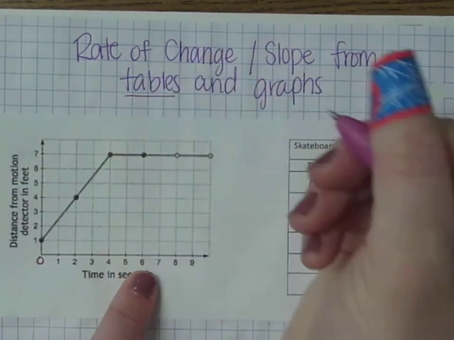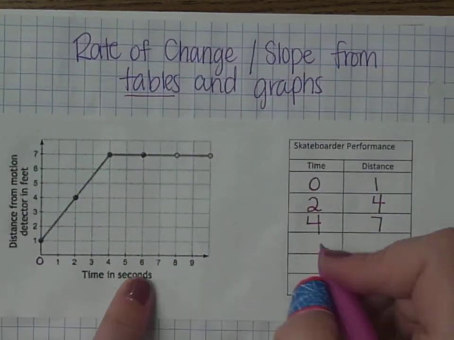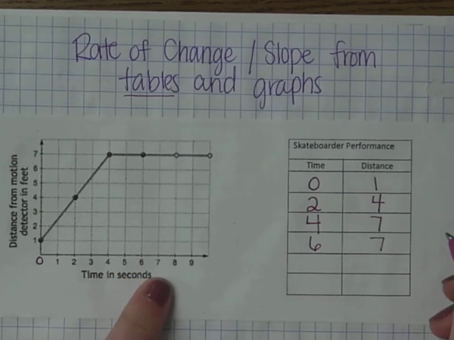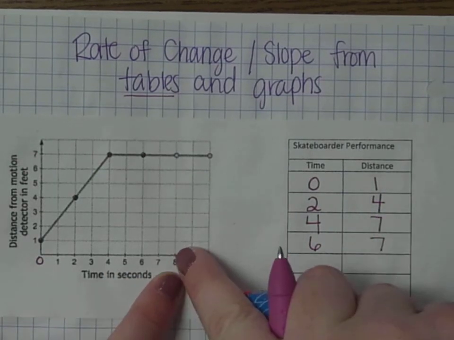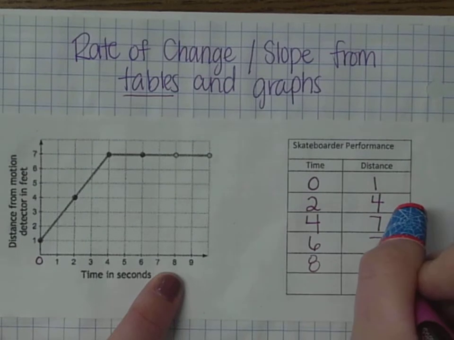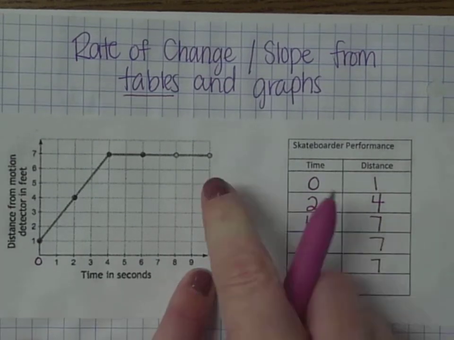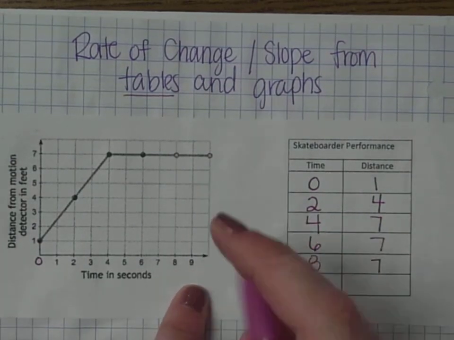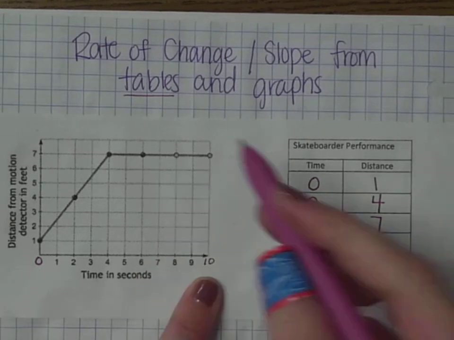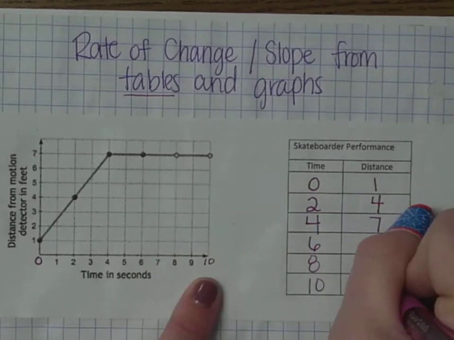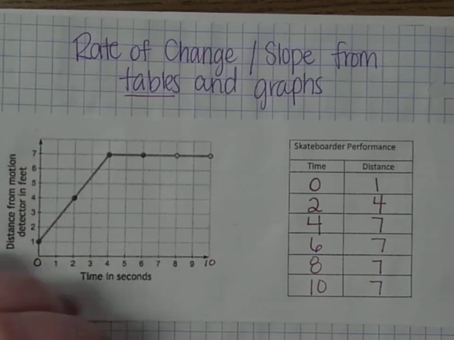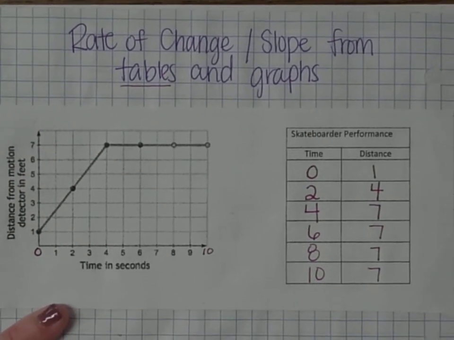The next point is at 6 seconds, and at 7 feet again. This one is at 8 seconds and 7 feet again. And then the last one, notice there is no number here, so after 9 would be 10, and it is also at 7. Okay, so that would be our table.